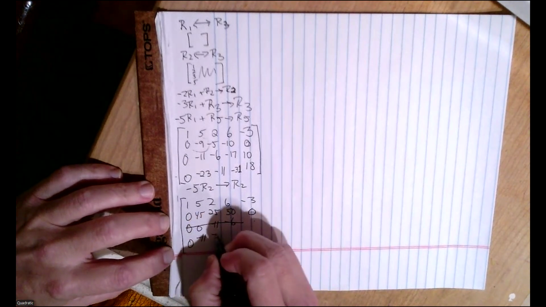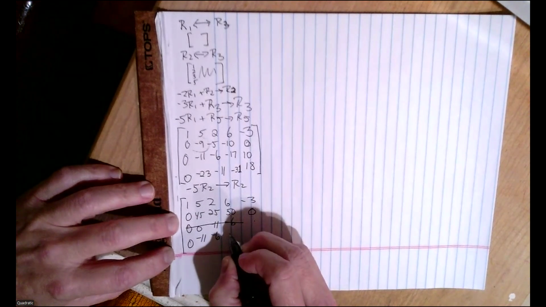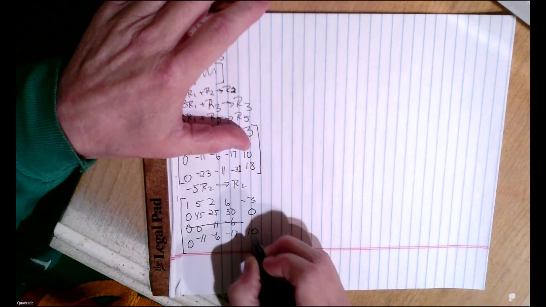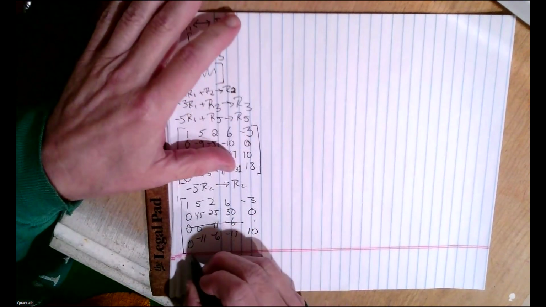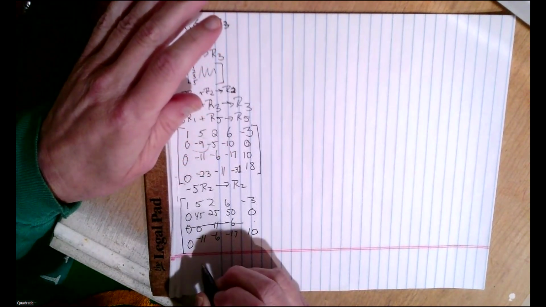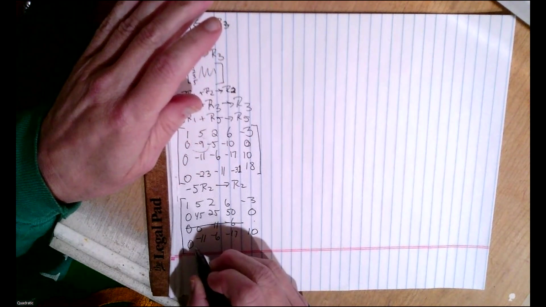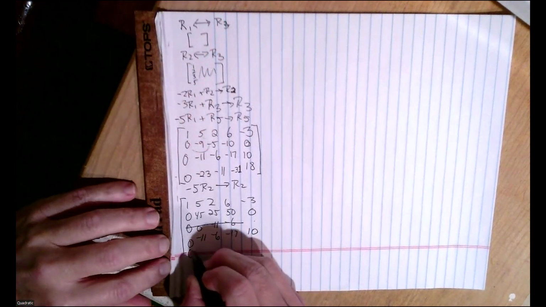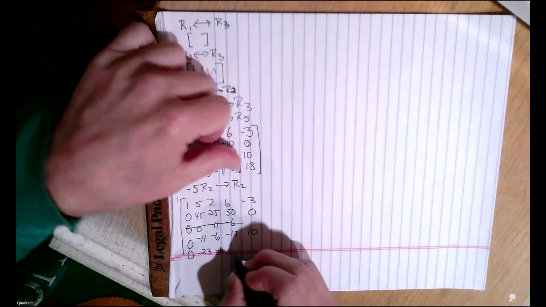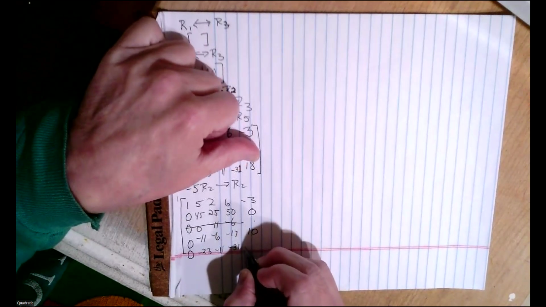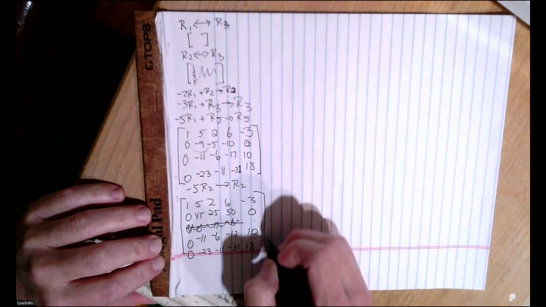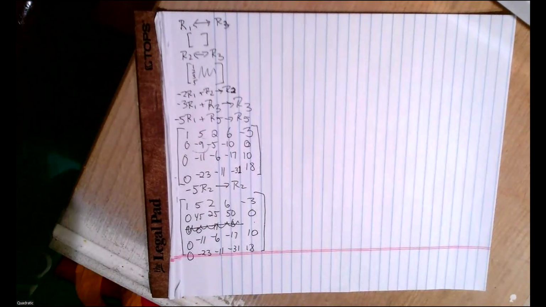And down here, I'm going to have 0, negative 23, negative 11, negative 31, and positive 18. All right, so that's what we got.